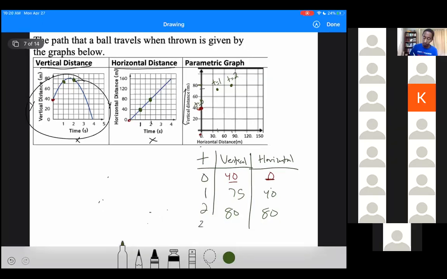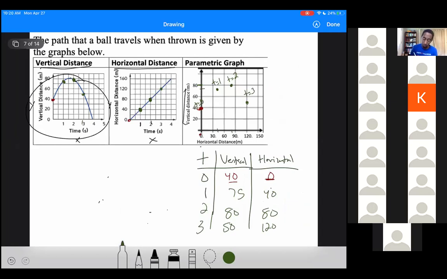Then we have, let's do 3. So at t of 3, vertical distance is at 50. Horizontal distance is at 120. So we're going to be at 50, right here, 120, somewhere right here. T equals 3.